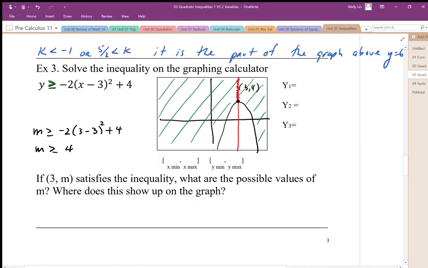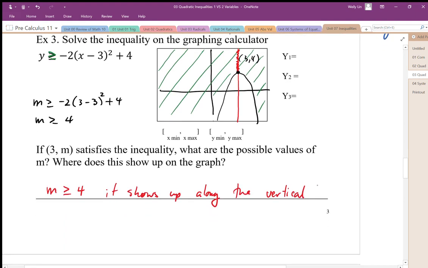Well, it's going to start at 4 and be above, so it's going to be where m is equal to or greater than 4. And where does this show up on the graph? It shows up along the vertical line. Remember this is one-dimensional, because when we substitute in, we have a one-variable situation. It shows up along the vertical line at x equals 3.